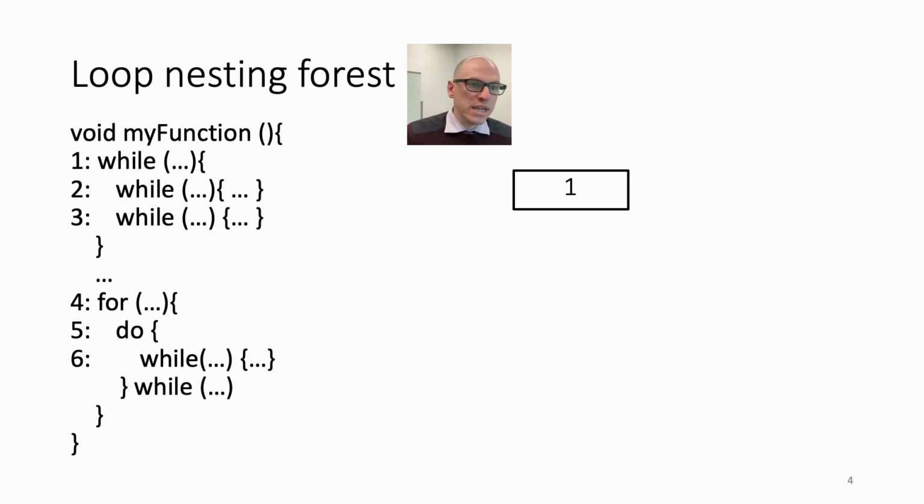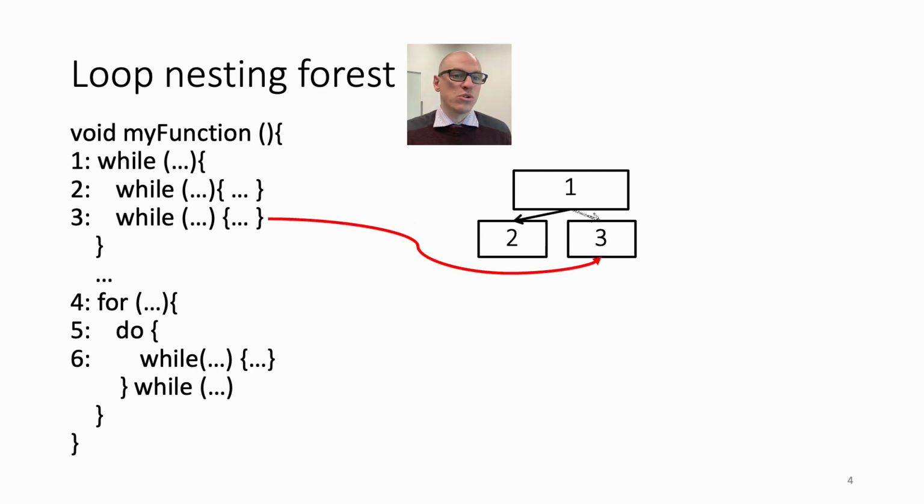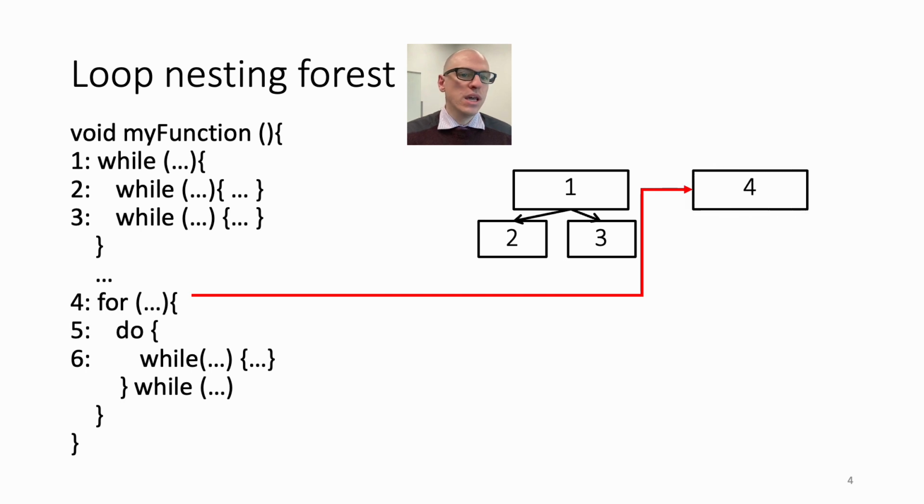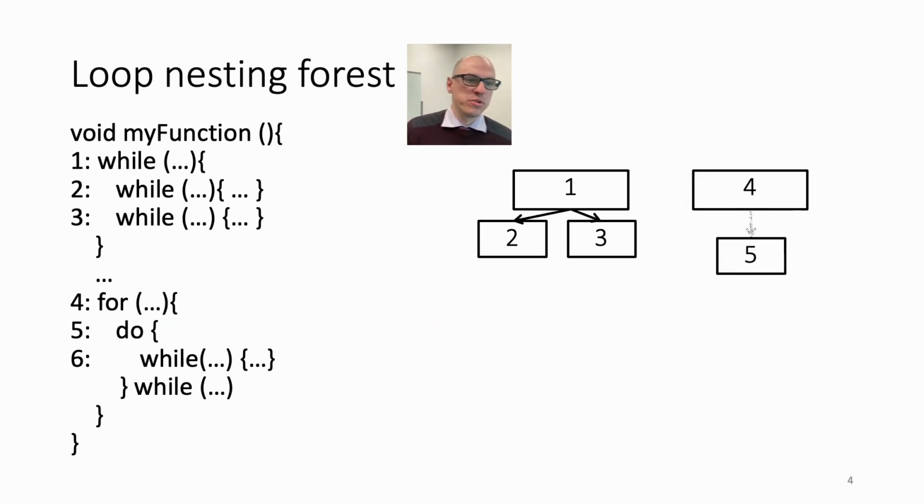There is the loop 1 that contains loop 2, and loop 1 also contains loop 3, and you can see that there is a nesting relation between 1 and 2 and between 1 and 3. And there is also another nesting relation between the loops 4, 5, and 6.